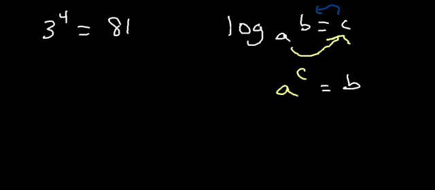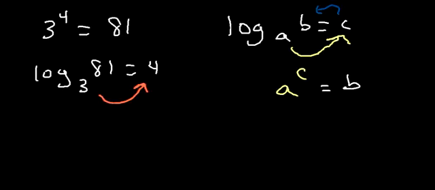You want to use that formula to convert it. So log base 3 of 81 is equal to 4. A is the 3, the 4 is the c, b is the 81. As you can see, 3 to the 4th power is equal to 81.